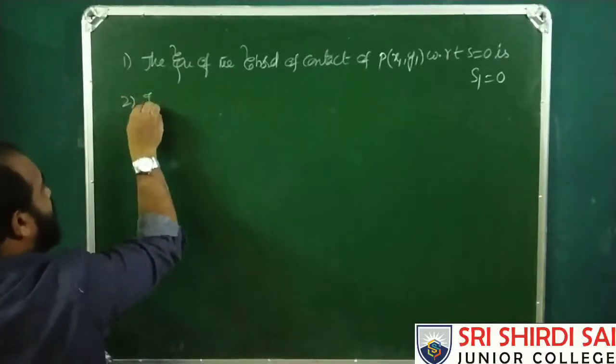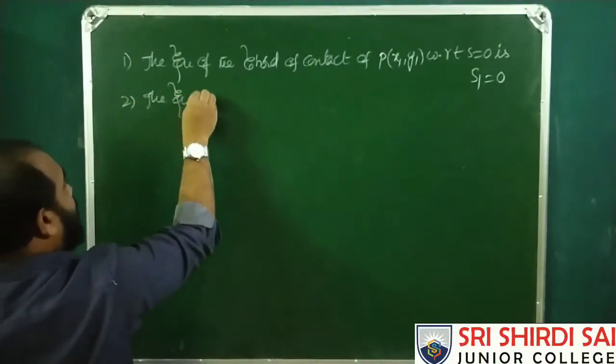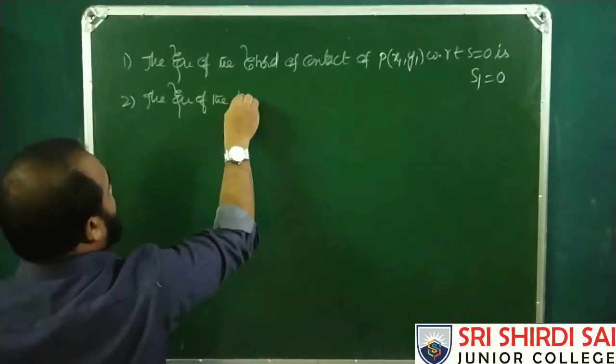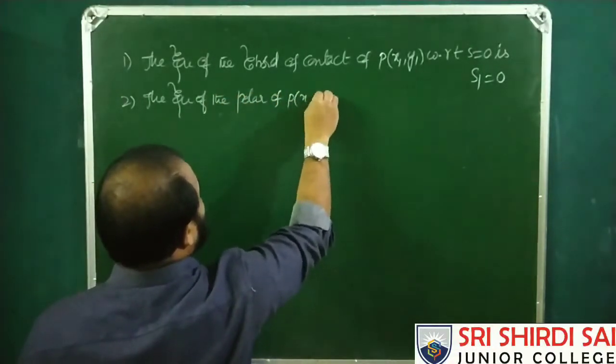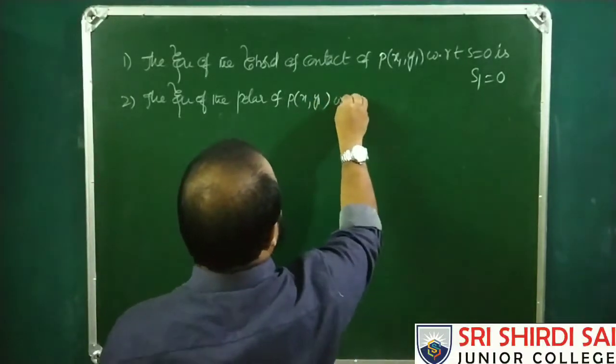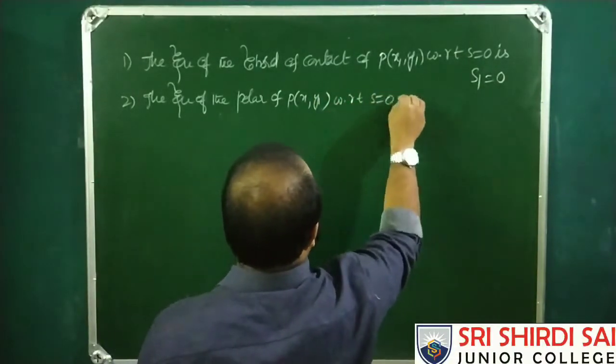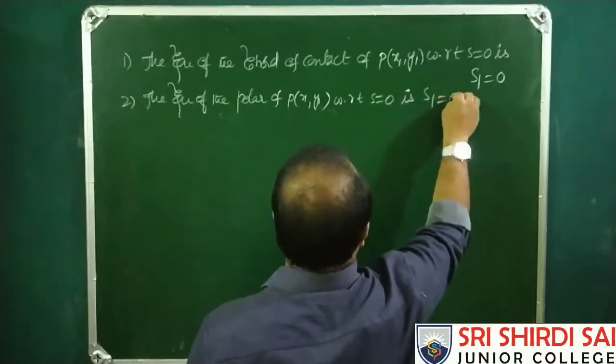The equation of the polar of P(x1, y1) with respect to the circle S equals 0 is also S1 equals 0.